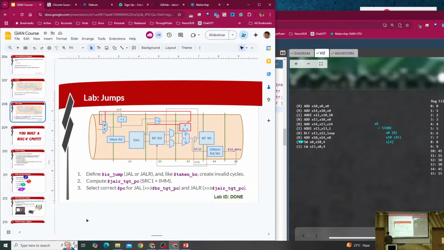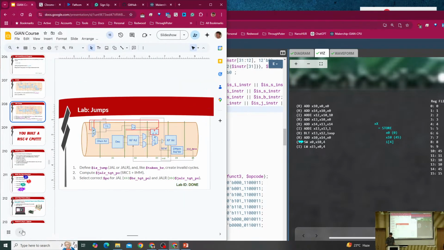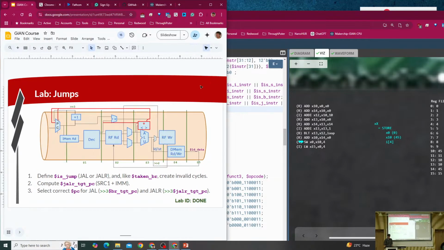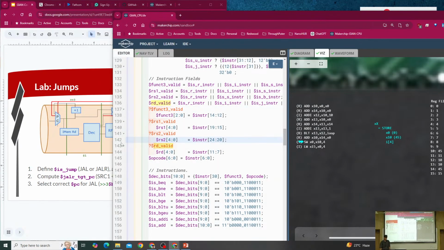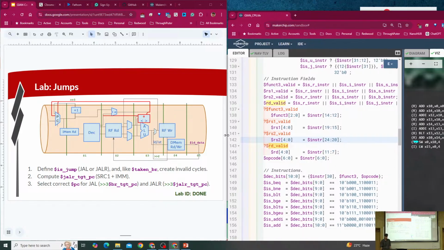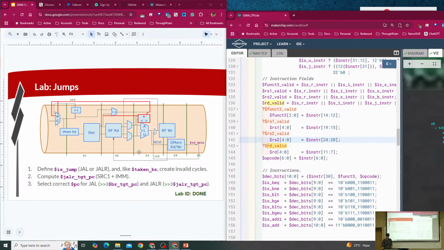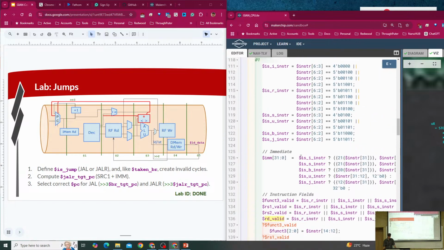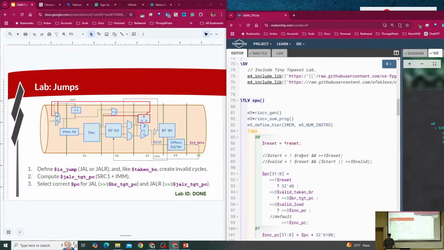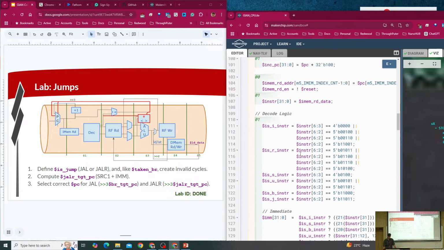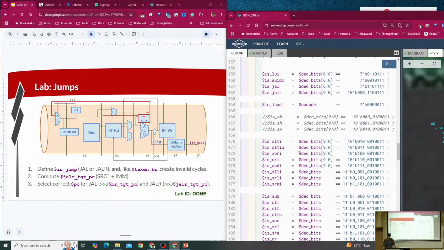Let's step this one through. One step at a time here. So the first step is to define isJump. Let's go up to where we do our decode of the instructions.